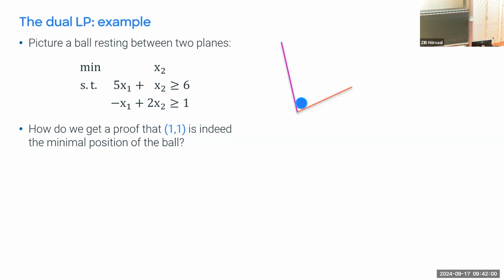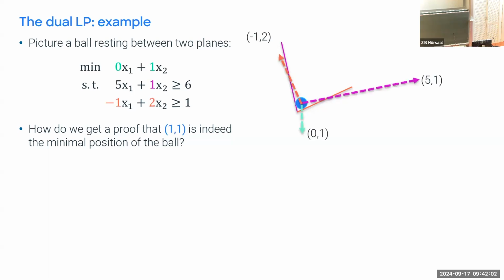Maybe it's a bit easier if I add some arrows. We have an objective function, 0, 1: 0 times x1 plus 1 times x2, which tries to be minimized. The coefficients of this first inequality, 5 and 1, are exactly this vector that points orthogonal to this plane.